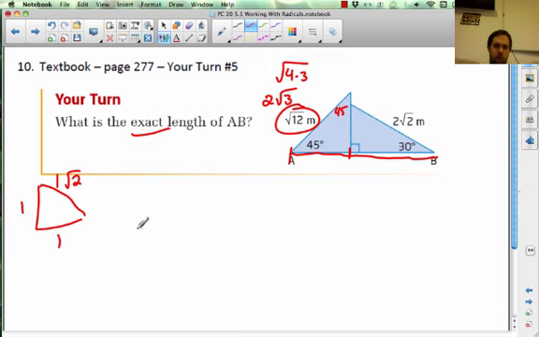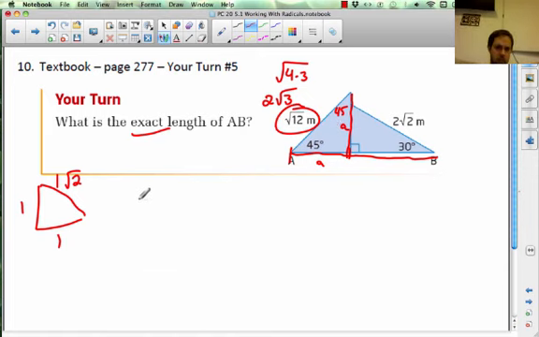So the hypotenuse, this side, let's call it A, this little length here, and A is going to be this height because these are going to be equal in a 45, 45, 90 triangle.